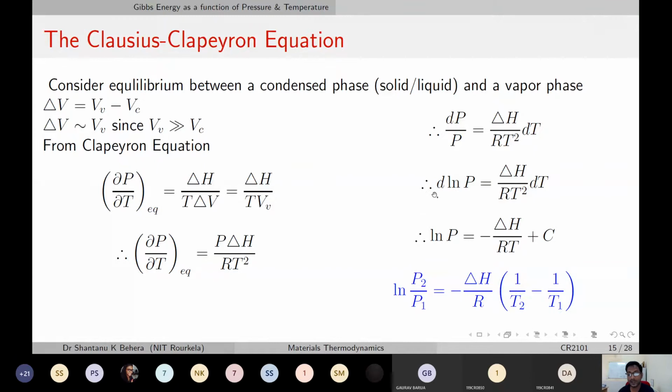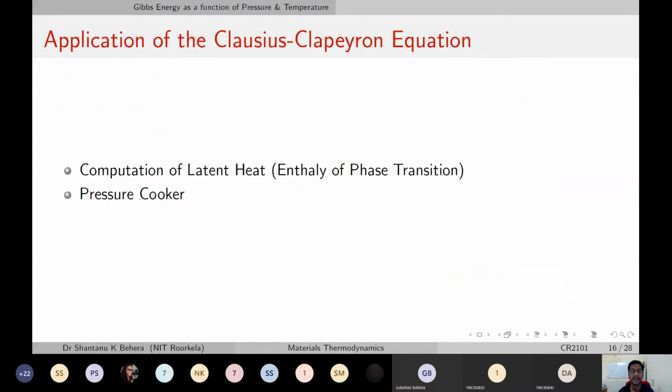That slightly changes the equation, where you can have the relationship between pressure and its corresponding changes in temperature when you consider the equilibrium between the condensed phase and the vapor phase, right? And in consideration of these two, the Clapeyron equation and the Clausius-Clapeyron equation, we see how it can be useful in everyday practice. And there are many examples as such.